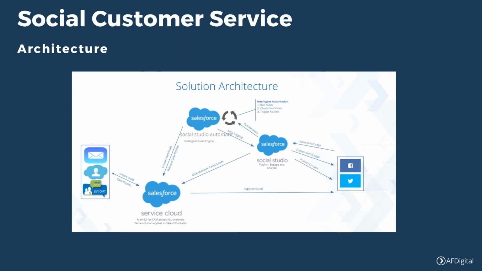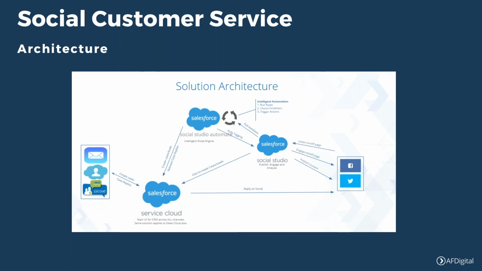And then from there, the agent can use different tools such as knowledge, milestone trackers, quick text, and macros within Service Cloud in order to send out a response immediately back to that customer in social media.